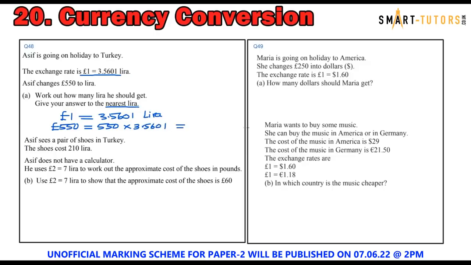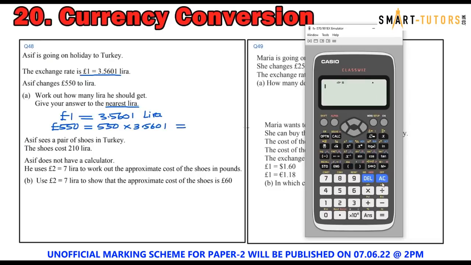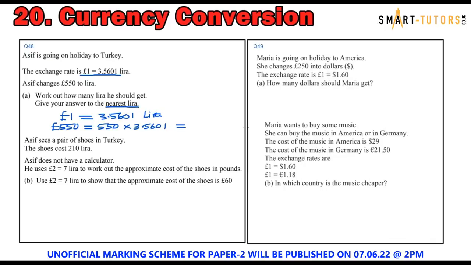3.5601. So this is a calculator paper, so make sure that you get the maximum benefit from the calculator. So that is the answer, 1958.